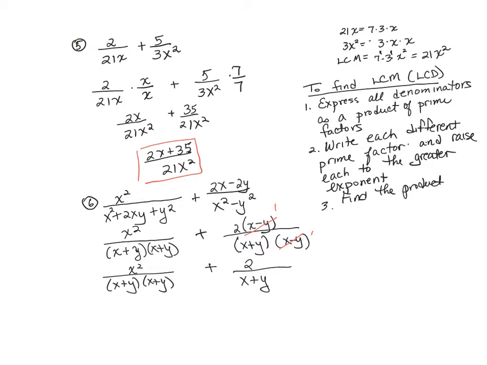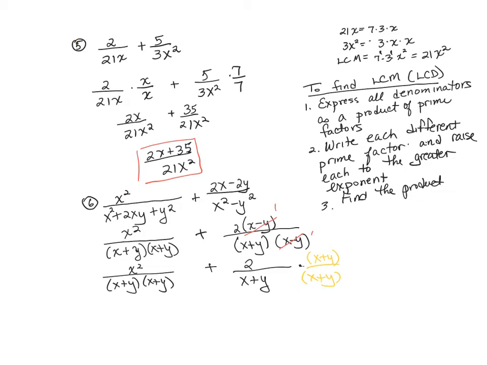Now, these are already in prime factored form, and the prime factor that appears is x plus y, but the greatest exponent is squared. So this fraction has to be multiplied by another x plus y divided by x plus y so that we have a common denominator.